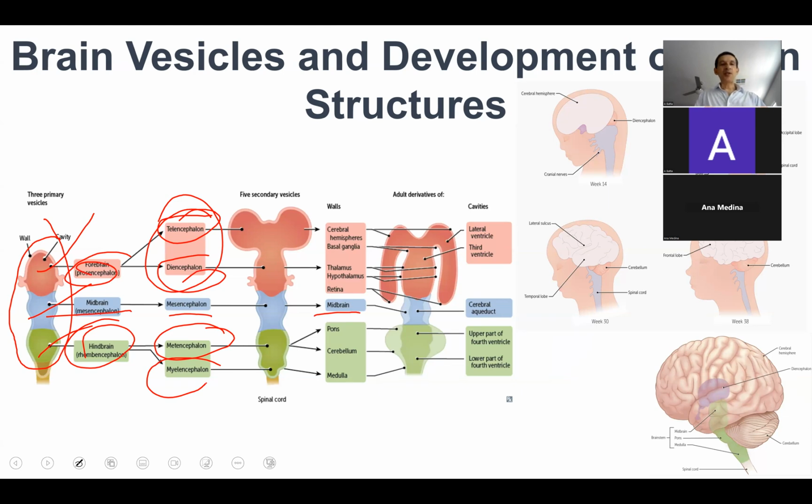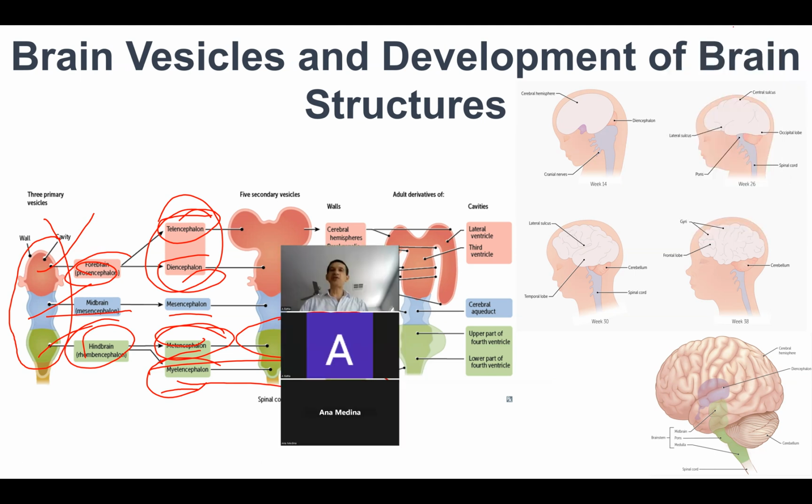One is called metencephalon, the other one is called myelencephalon. Here you can see that metencephalon further divides into pons and cerebellum. Myelencephalon forms the medulla.